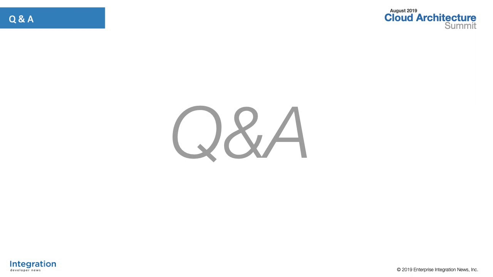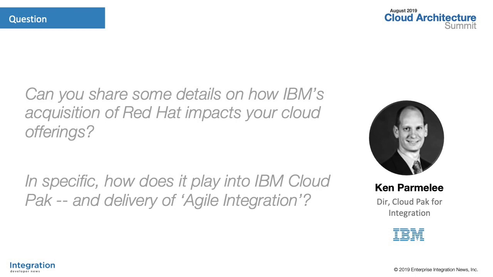Thank you. Ken, there are so many different questions, high level as well as implementation, but certainly one of the themes that has come through loud and clear, and it probably is no surprise, is what can you tell us about the status of IBM and Red Hat, particularly as it regards integration and cloud architecture, and in particular the Cloud Pak? Great. Yes.